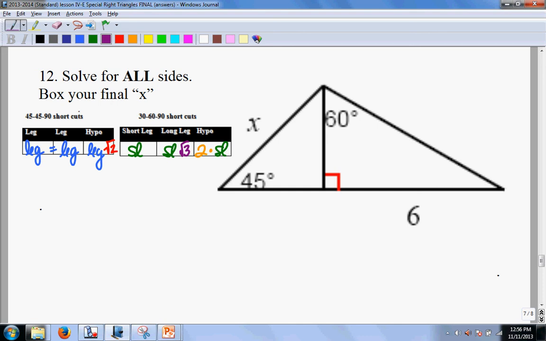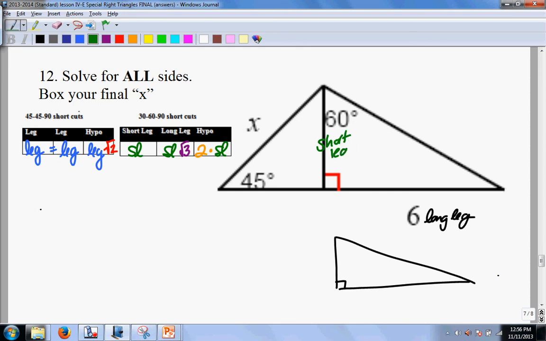For here, we notice that we're going to start with this triangle on the right, which is a 30, 60, 90 triangle. And this 6 is the long leg. So we need to work backwards to figure out what our short leg was.